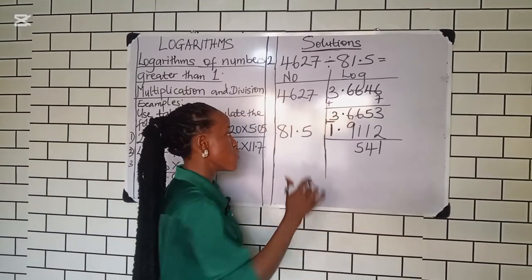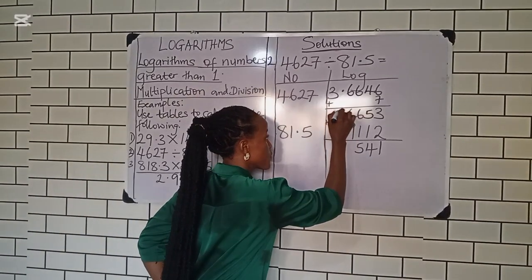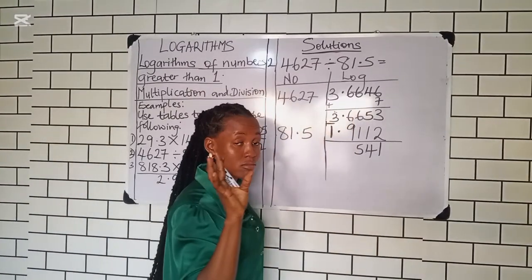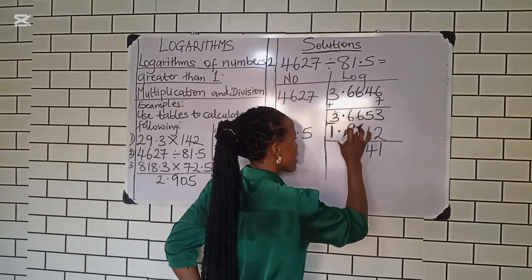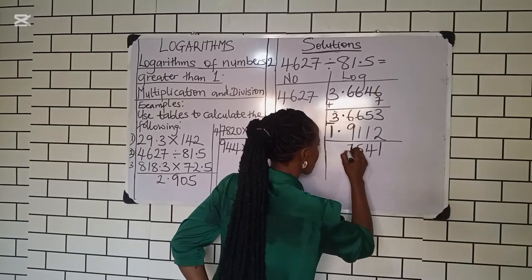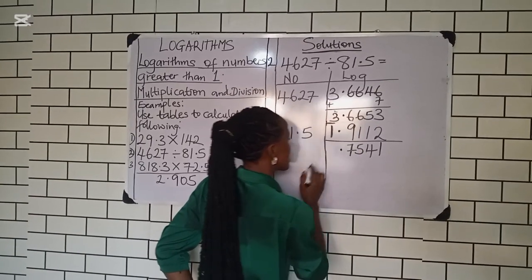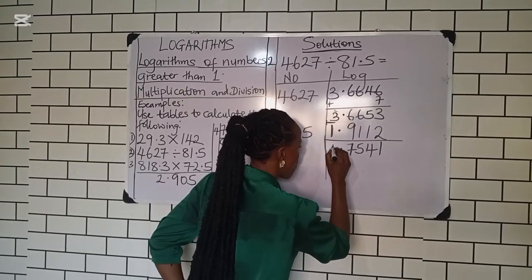What are we going to do? We carry 1 from this 3, we'll be left with 2. Call that 1 ten and add it to this 6, we have 16. 16 minus 9 gives us 7. Bring down your decimal point. Now we have 2 left here. 2 minus 1 gives us 1.